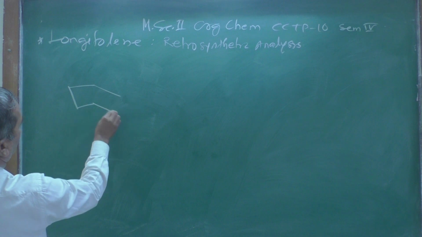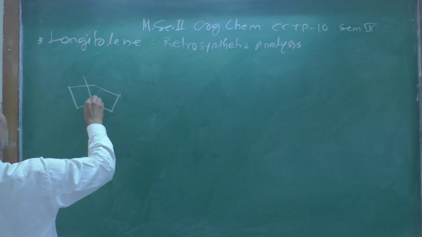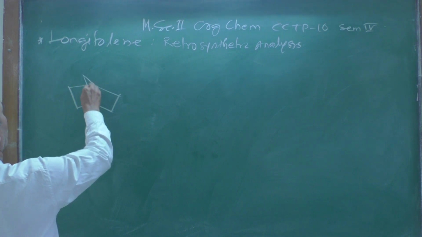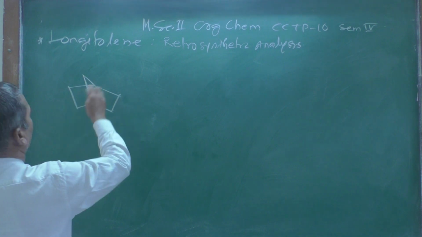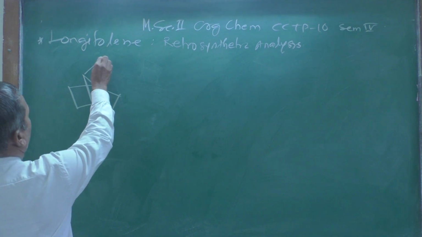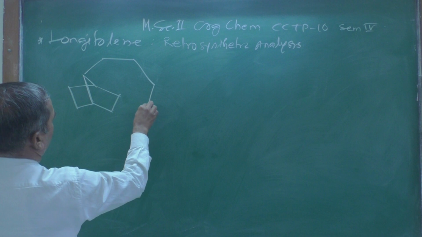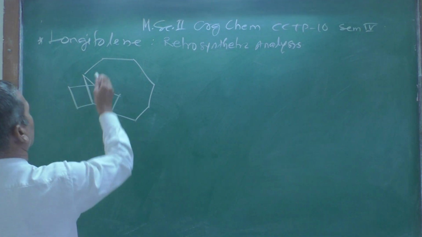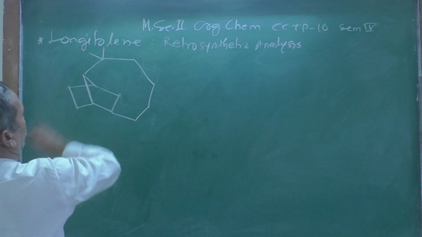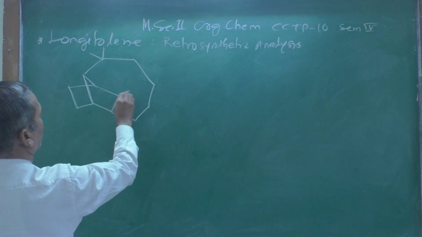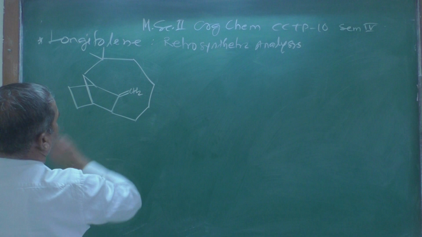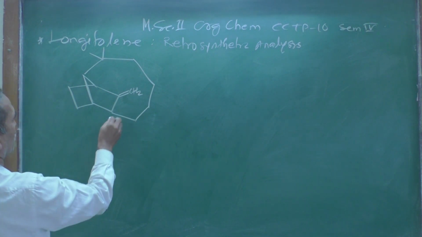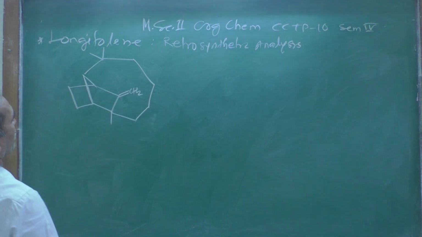Let us see, this is a structure of longifolene, where there is a CH2 double bond and one methyl group over here.